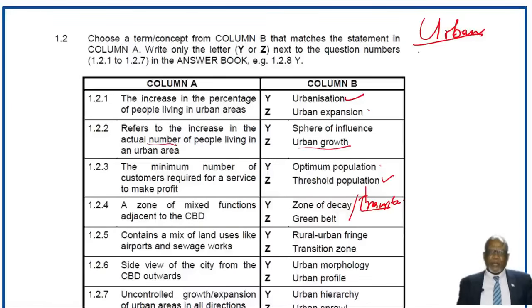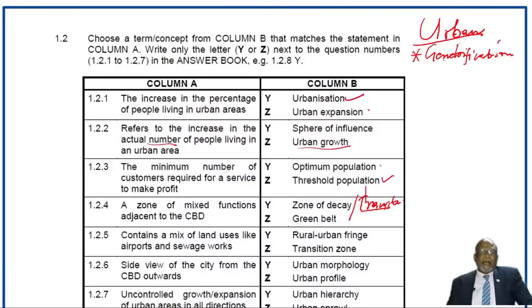Number one, we have gentrification or Chelseafication. This simply refers to a house that was 2 rooms or 3 rooms being made 10 rooms or bigger, or a house that was dilapidated being improved. So gentrification simply refers to renovations of houses.